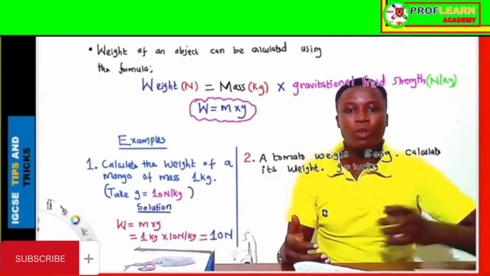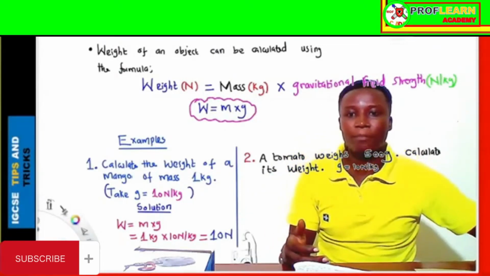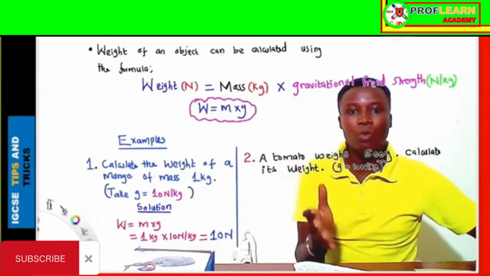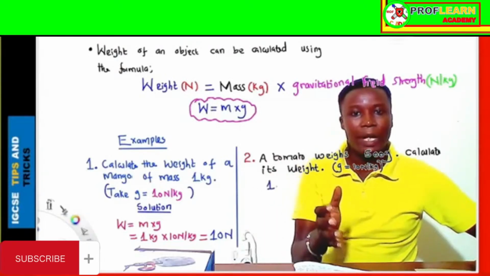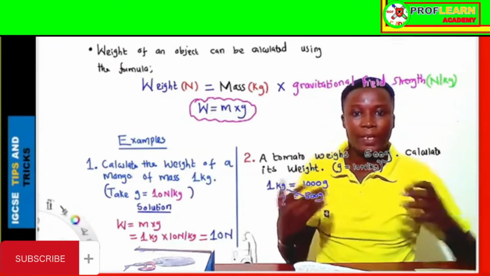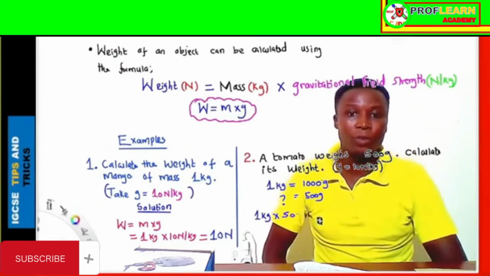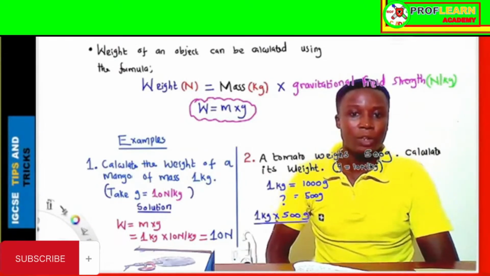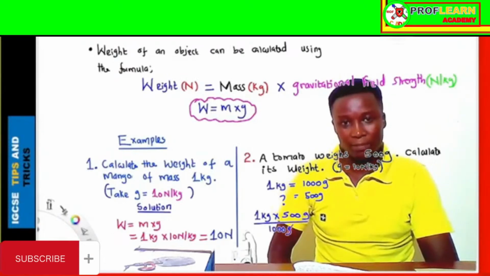To do the conversion, you need to understand that 1 kg equals 1000 grams. Then we convert the 500 grams by cross multiplication, and we get 0.5 kilograms.